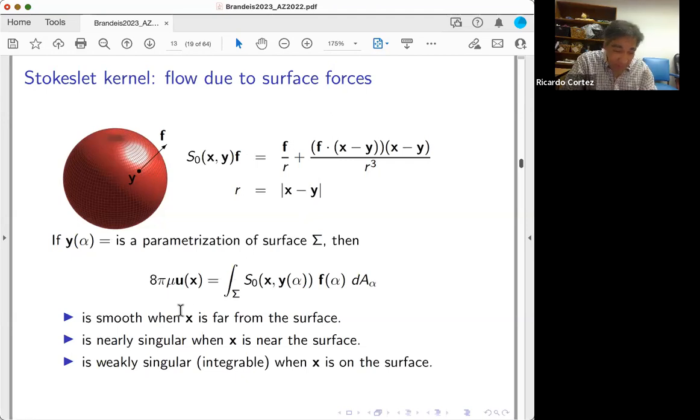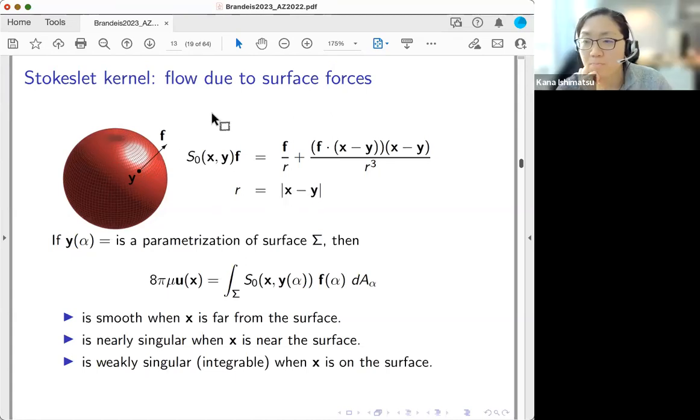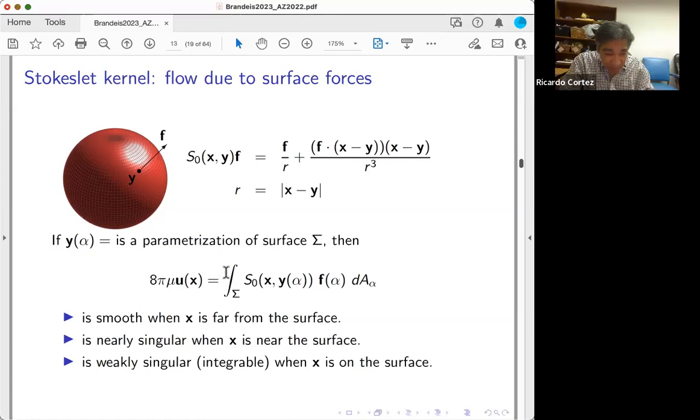And the thing to notice is that R is the distance from the evaluation point to the points where the forces are. So if you're evaluating the flow far away from the surface, the singularity doesn't bother you. This is smooth and there's no problem. If you want to evaluate at a point very close to the surface, then there will be points on the surface where this distance is very tiny.